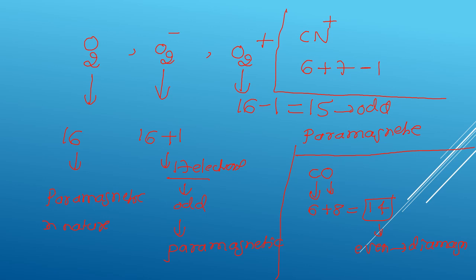So the total number of electrons now is 12. Therefore, since this is an even number, the molecule is diamagnetic. So in this way we can identify various molecules and judge whether they are paramagnetic or diamagnetic.